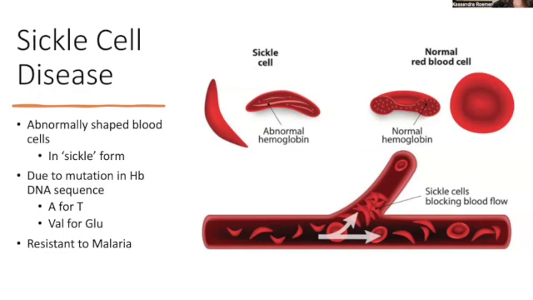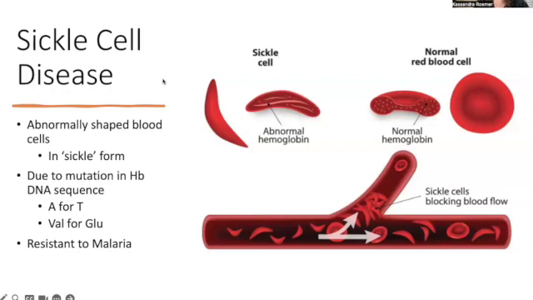So we have a mutation from A to T. If you think about the consequences of that, A to T leads to U for A in our mRNA, which leads to a different amino acid codon. So instead of glutamate, which is negatively charged, we now have valine, which is a nonpolar amino acid. The consequence of that is valine is nonpolar. It does not want to be on the surface. It wants to be away from the surface, hydrophobic, which then affects the structure of the protein. So we get this sickle cell.